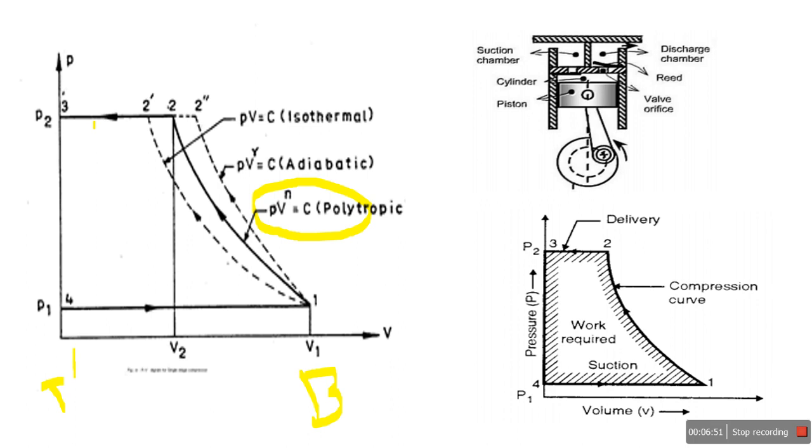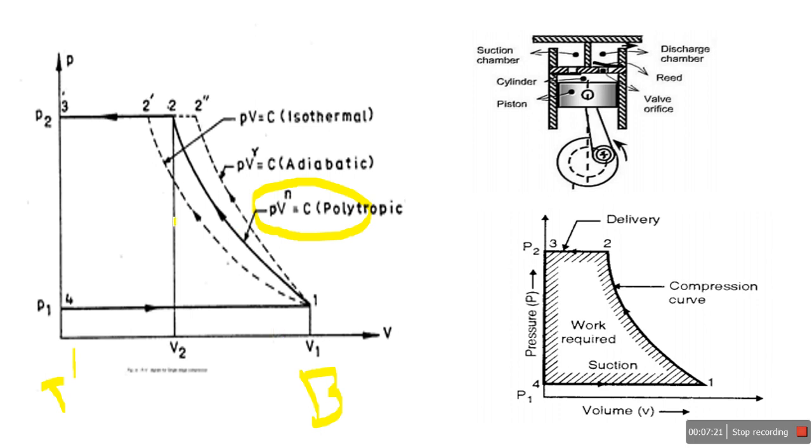Now if the compression is polytropic, there are two other possibilities. If you compress isothermally, that is indicated by the dotted line 1 to 2 dash, and we can also compress 1 to 2 dash isentropically. We know that isothermal compression is not practically possible, but we try to reach it. Why?